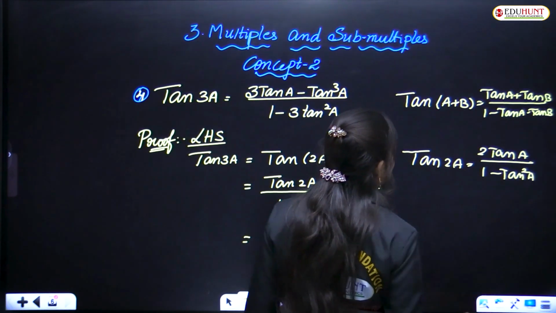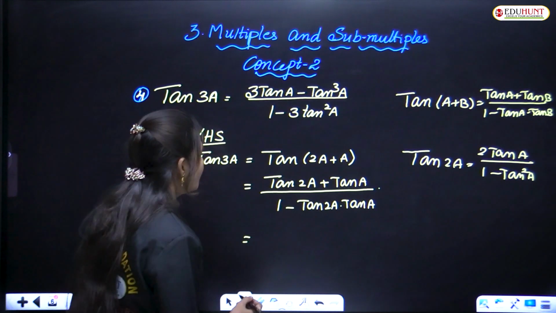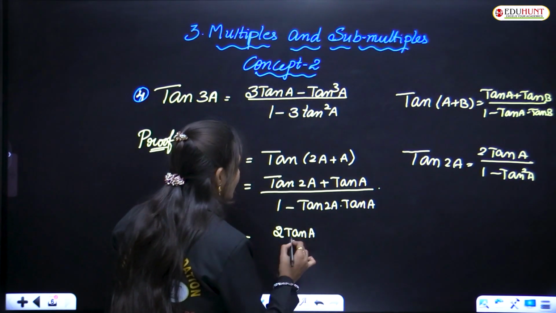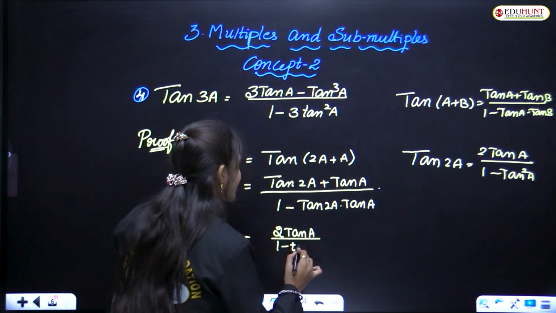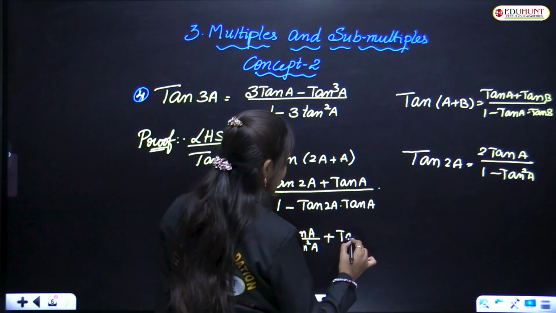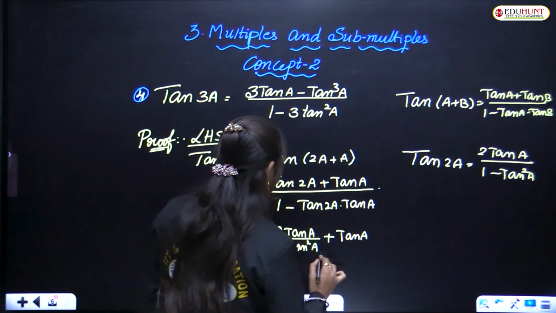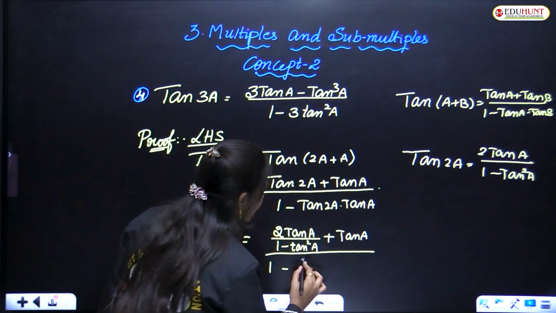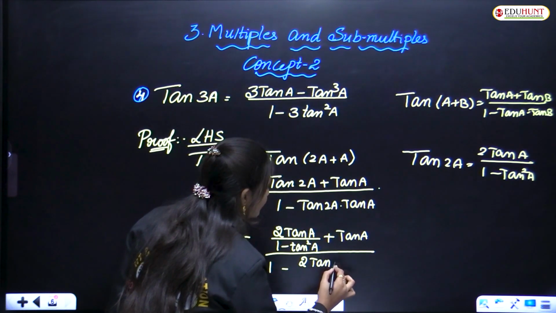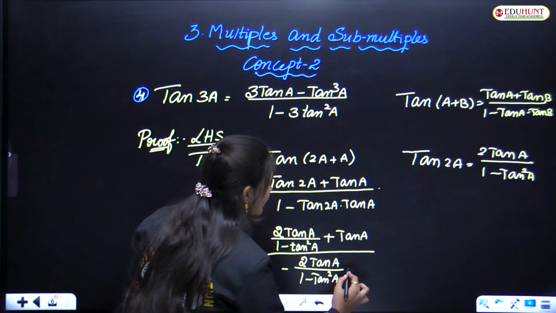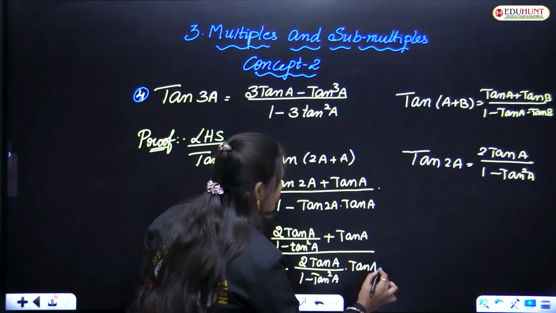So apply that formula here. 2 tan a by 1 minus tan square a, plus tan a, whole by 1 minus, here again tan 2a is there, so tan 2a formula 2 tan a by 1 minus tan square a into tan a.